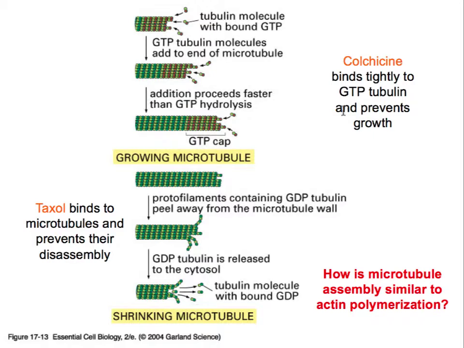So in a microtubule, the incorporation of these tubulin molecules is fast. And if the preceding molecule that went in a few milliseconds earlier is still bound to GTP, it encourages the binding of a new molecule on top of that. So the filament is growing.